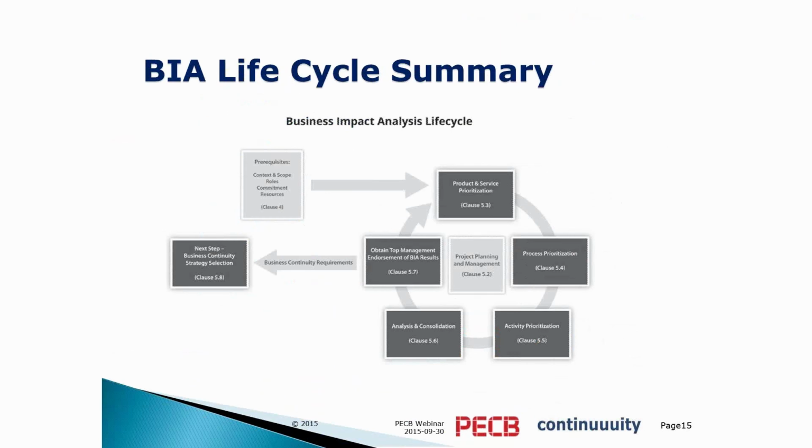Here we see a larger representation of this life cycle. We start in the top left corner, I hope you can see my mouse pointer, with the prerequisites. That's clause 4: context, scope, commitment, resources. If we have the prerequisites in place, we can start with the product and service prioritization, which is in turn based on process and activity prioritization.